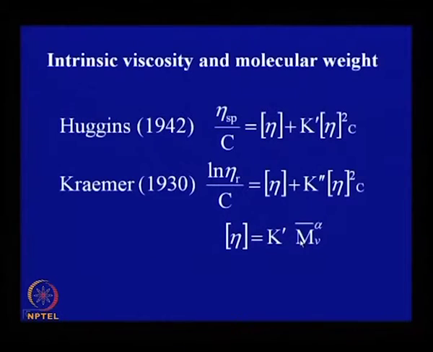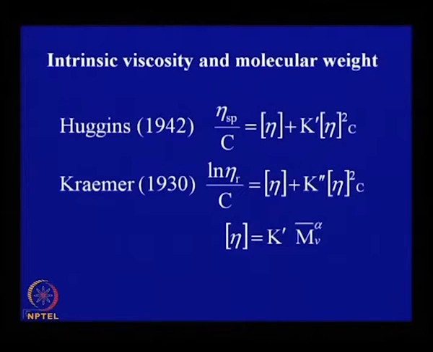Now, this is the easiest way to get some molecular weight value of a polymer, provided you get these K prime and alpha values from the data book, because these K prime and alpha values have been evaluated or obtained from some absolute measurement by some other technique using samples of known molecular weight.